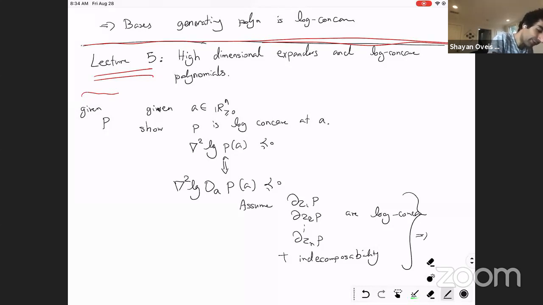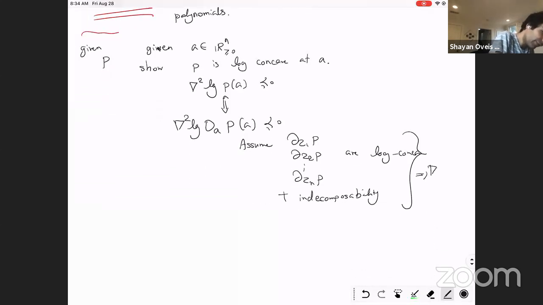That is, the Hessian of log of the directional derivative of P at A is negative semi-definite. Or in other words, dA of P is log concave.